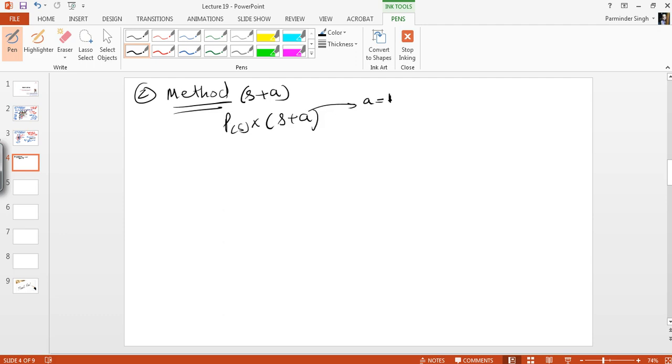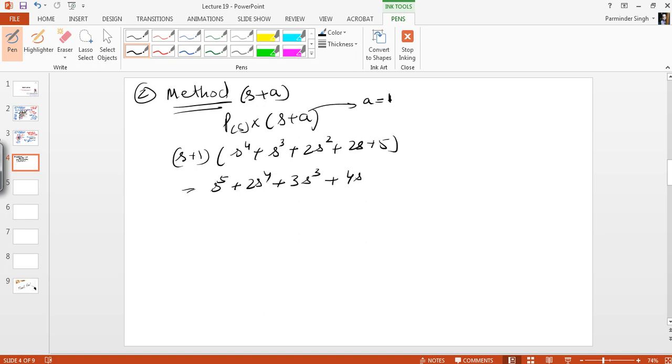So we multiply our polynomial equation by S plus 1. That is S plus 1 into our polynomial equation, S4 plus S cube plus 2S square plus 2S plus 1. So what we have is S5 plus 2S4 plus 3S cube plus 4S square plus 7S plus 5.